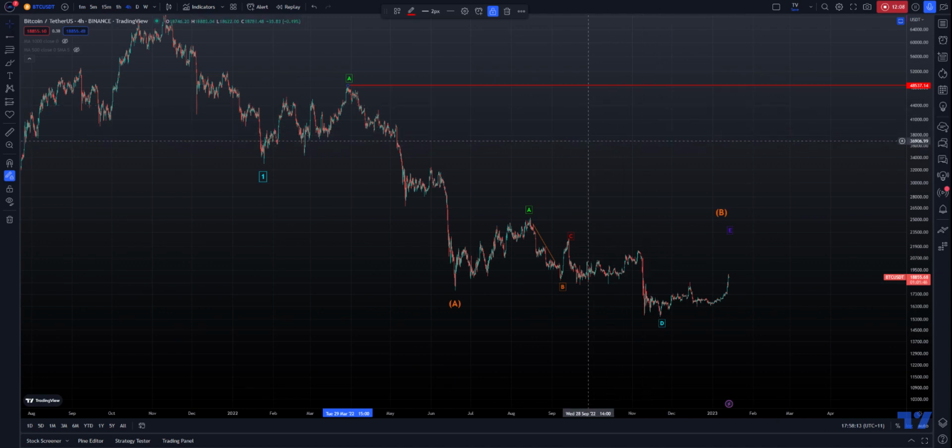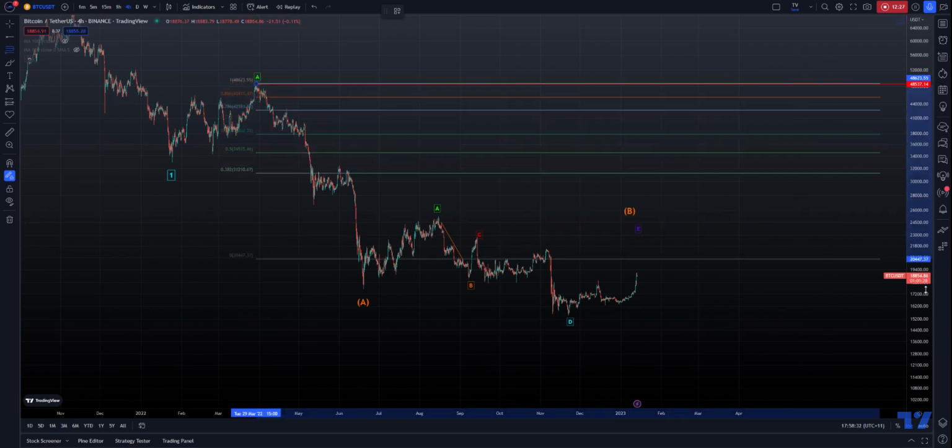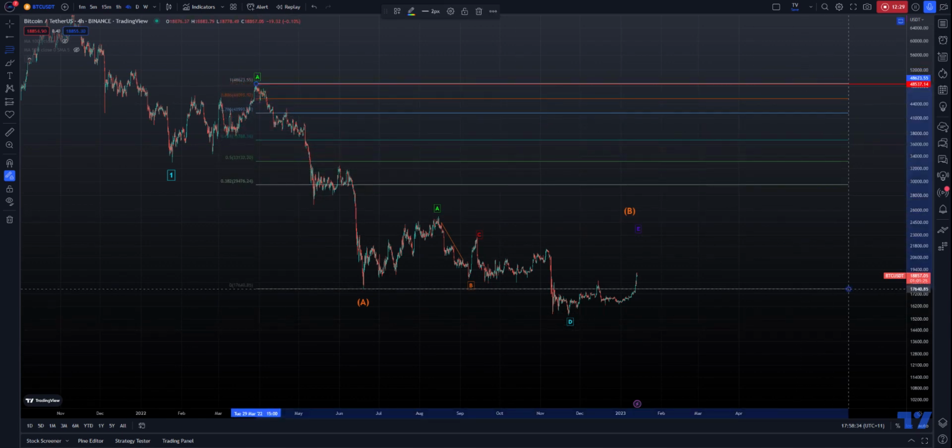Well, they know something, because price cannot go above $48,537 according to this chart, because that's the start of wave B. But it can go up anywhere in that area. And if you want to use a fib, which I encourage you not to, but you can on a small degree, then potentially we could go to $36,788 roughly, right? It could happen.